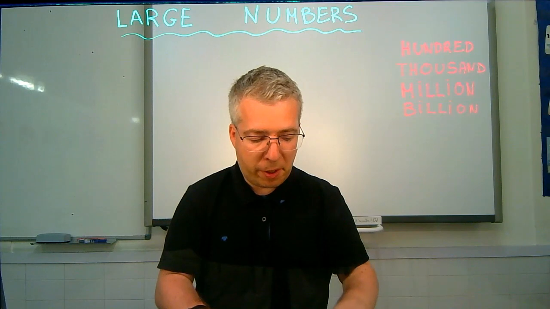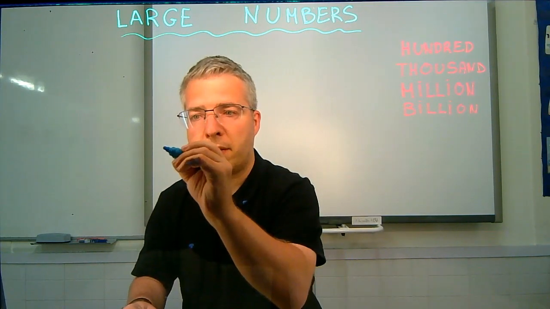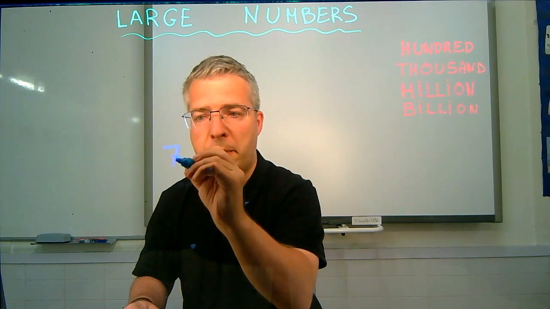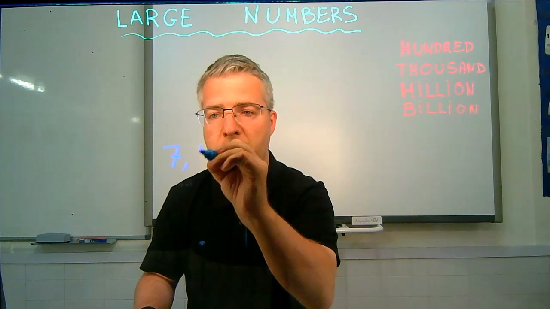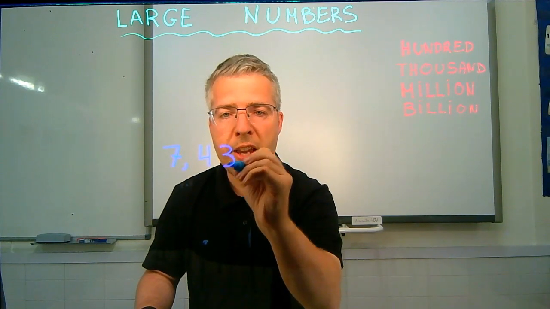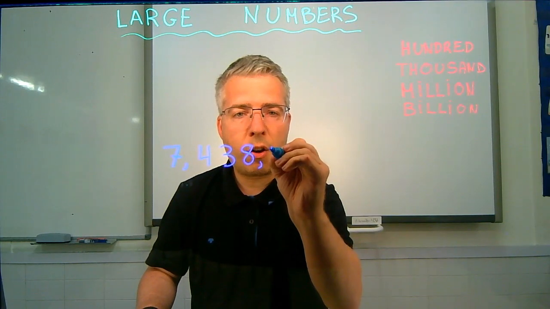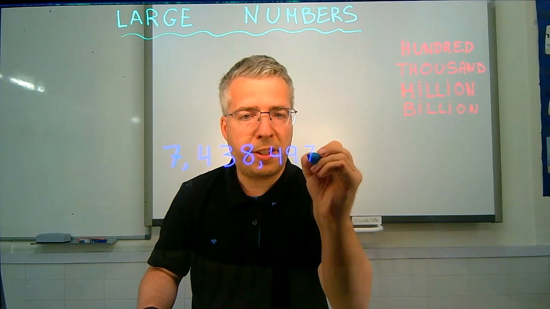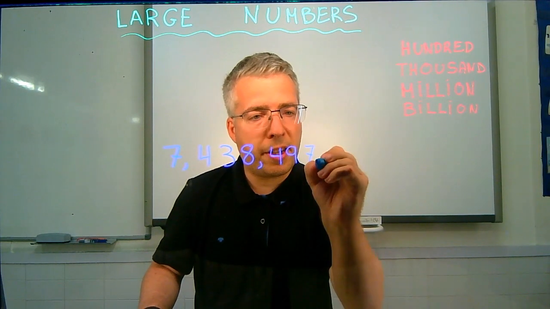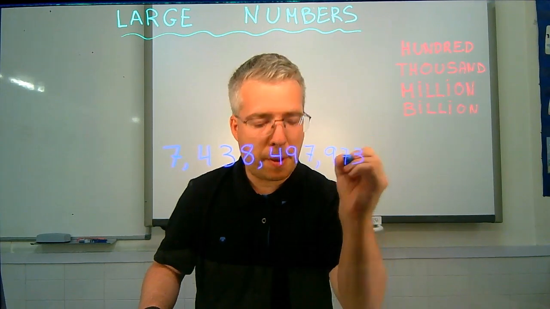So, for example, if we invent a number, for example, this one, number 7, here we can write a comma, 4, 3, 8, another one, 4, 9, 7, another one, and then another 3, for example, 9, 7, 3.